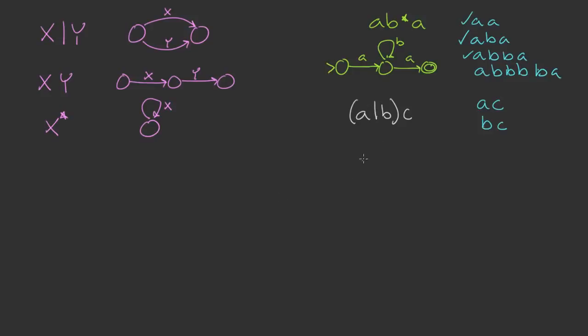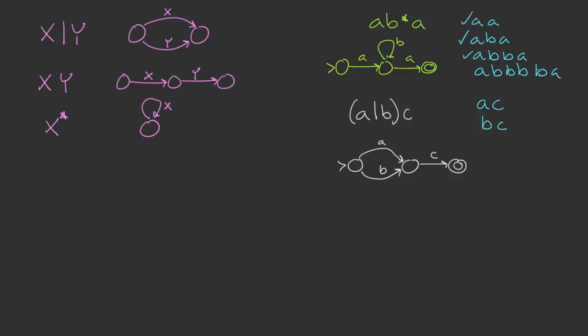So converting this, we're going to do the A or B, which we can represent using our first rule up here. Two states and two edges between them, one labeled A, one labeled B, and then a third accepting state with an edge labeled C, and the one on the left here is our starting state.